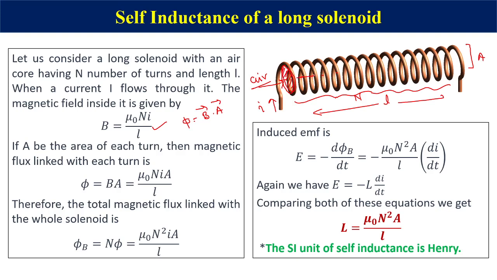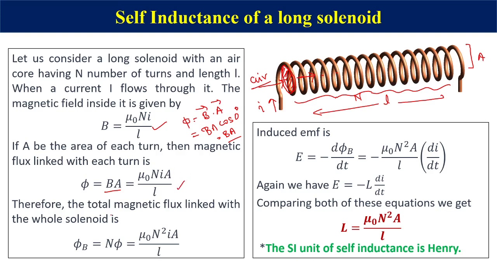The area vector and magnetic field are in the same direction, so the angle theta between them is 0. So I can write BA cos 0°, and cos 0 is 1, so it is just BA. So φ is equal to, in place of B, replacing μ₀NI/L, we get this expression.